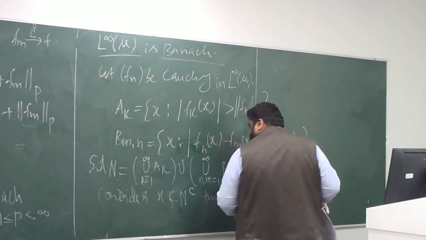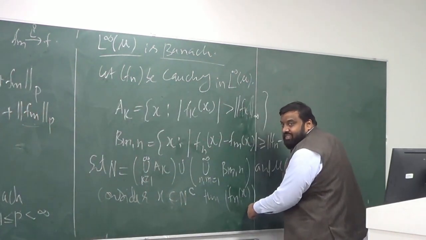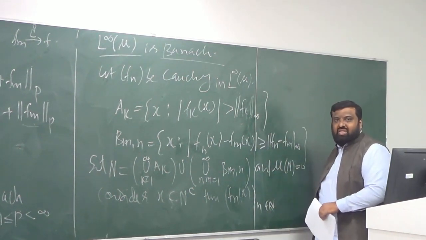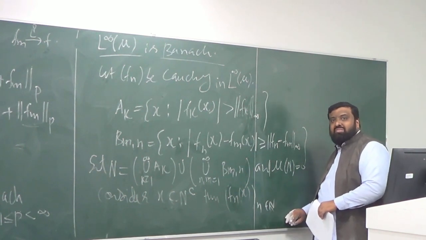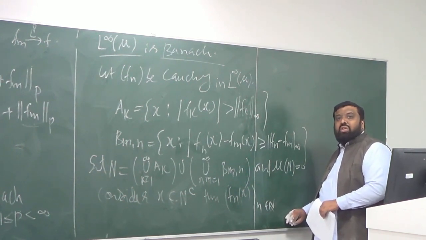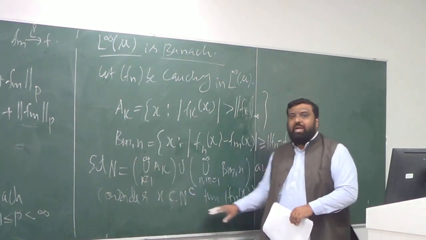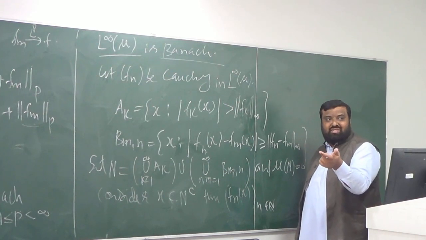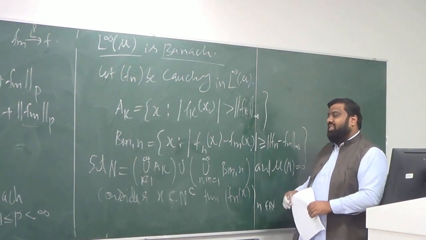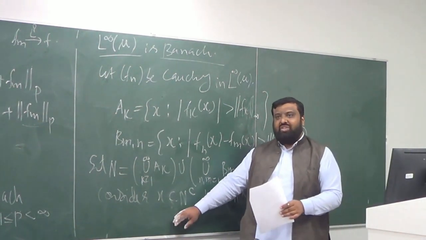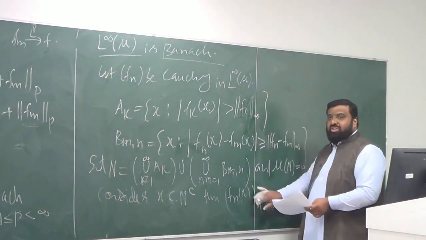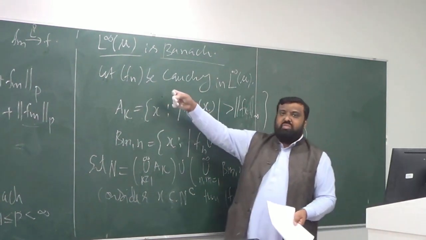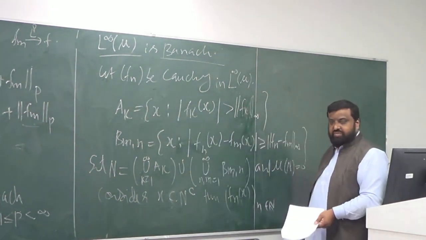So that's a Cauchy sequence in the real numbers. So it will converge to some limit. In other words, you're going to get pointwise convergence. Hence this allows you to define a map: for each such point, you have a function which is the limit of Fn of x.